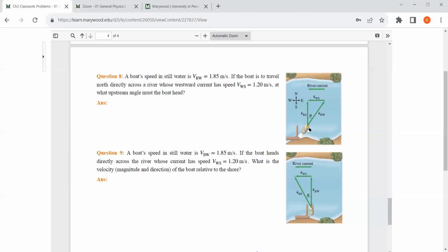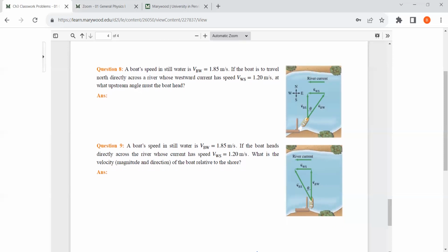So the boat's aim is to go straight. No matter what the current is, its aim is to go straight and land here.